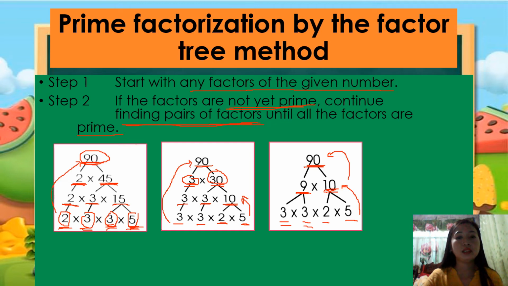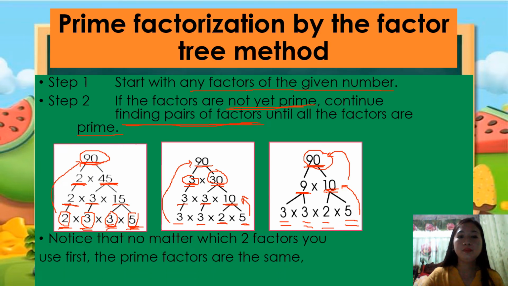Again, digit 3 is also a prime number, as are digit 2 and digit 5. All the digits now are prime. So, 3 times 3 times 2 times 5 is the prime factorization of our given number 90.